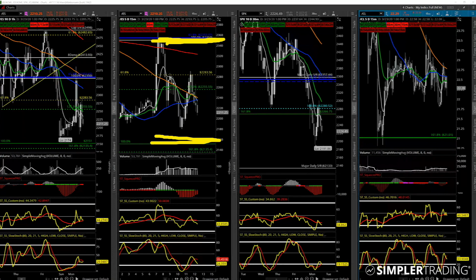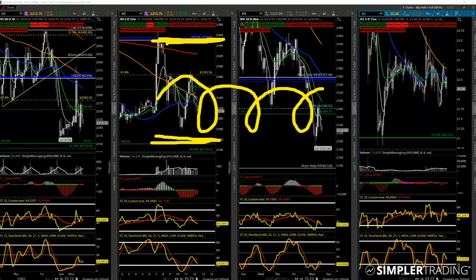Very wide condor, but you're basically betting that it stays between those yellow lines. As long as it stays between those yellow lines, and the longer that it does so, the better it is for your condor, because the calls here will be losing value. So you can see how, in a practical example, it makes a lot of sense.